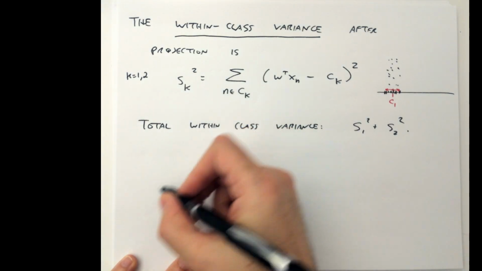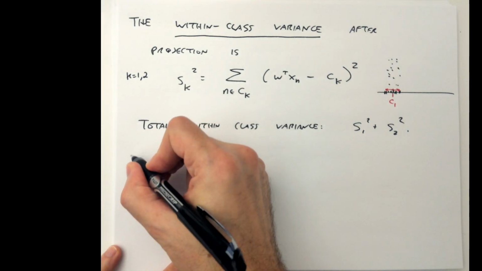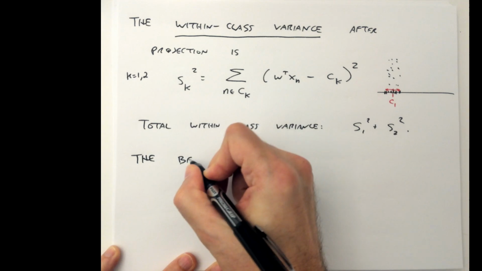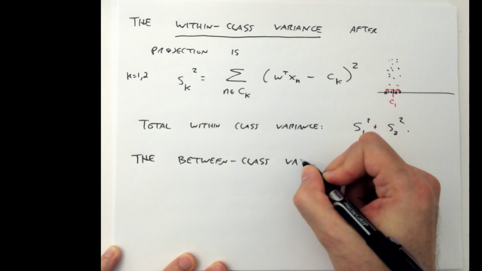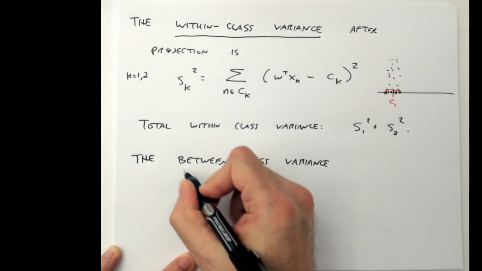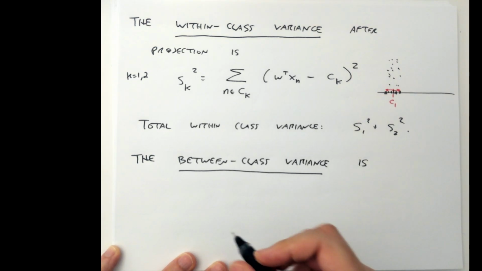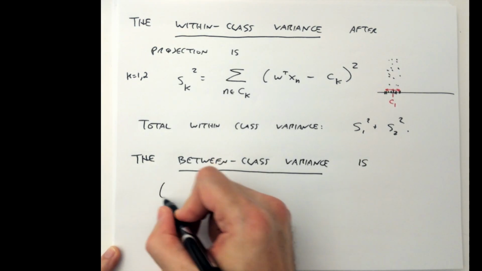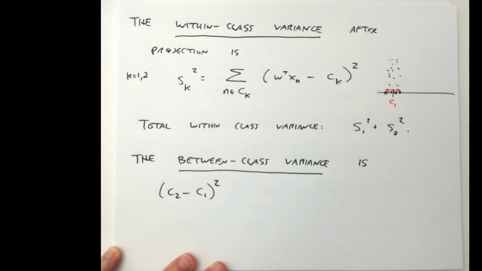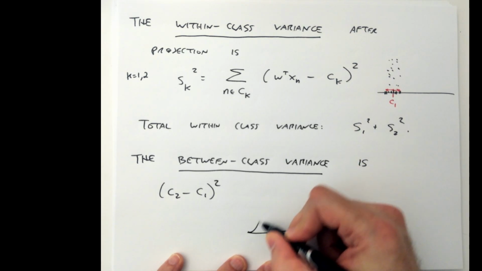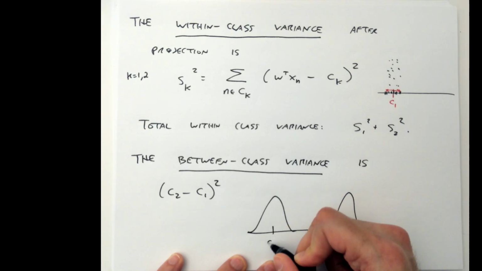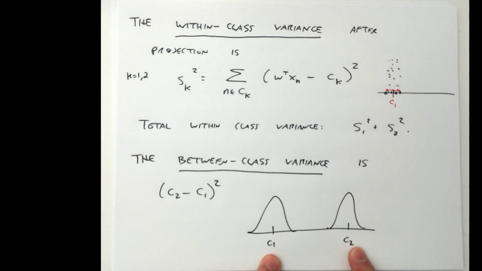On the other hand, I have what's called the between class variance. The between class variance is basically saying, what is the squared distance between the cluster centers, right? So after I push these guys down, here's class 1, here's class 2, I want to know how far apart these numbers are. And so I want that number to be big, right?